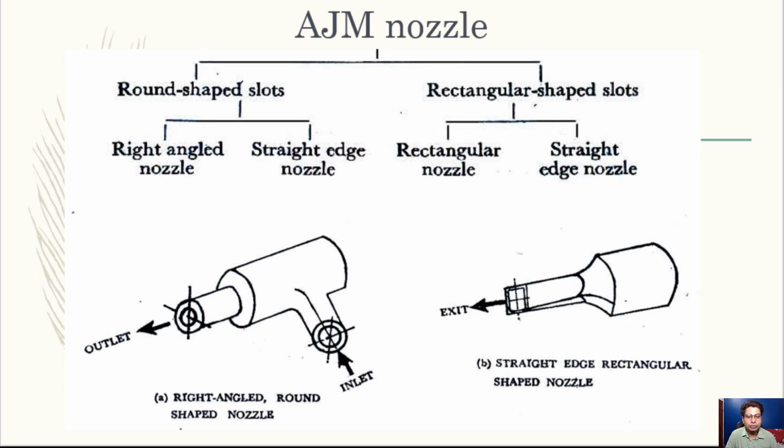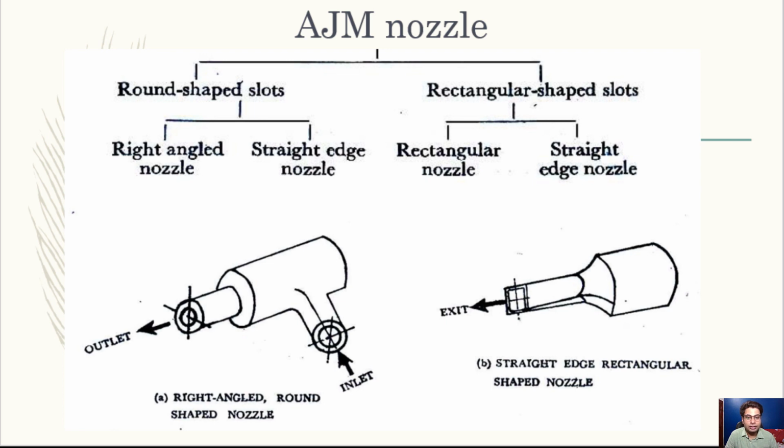Now coming on to the nozzles used in abrasive jet machining. The AJM nozzle is usually made of tungsten carbide or sapphire. They have a life of around 300 hours for sapphire and 20 to 30 hours for tungsten carbide, which has resistance to wear.